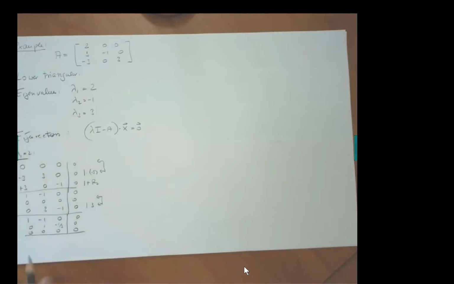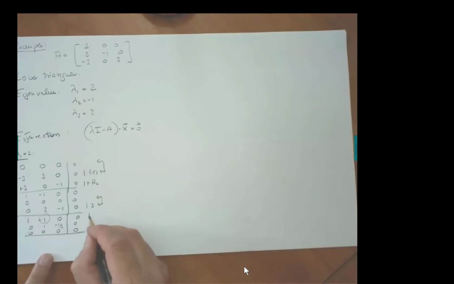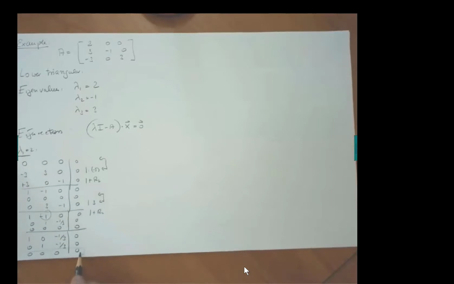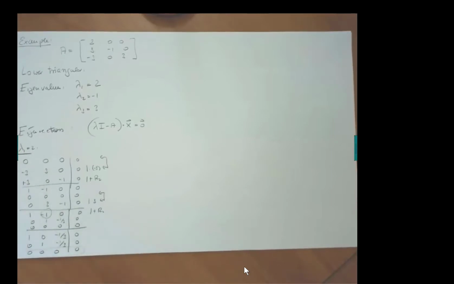And finally, we need to eliminate this one. This is row echelon form. So I add row 2. So I get 1, 0, minus 1/3, 0, 0, 1, minus 1/3, 0, 0, 0, 0, 0. Again, we have here a 0 row. That's what you need, otherwise you don't have an eigenvalue.